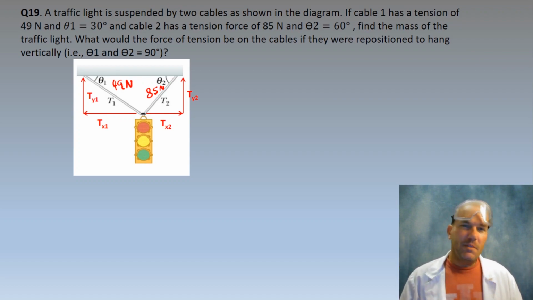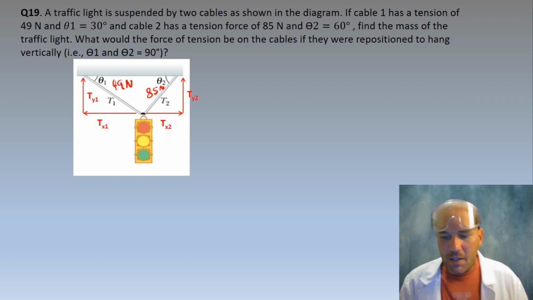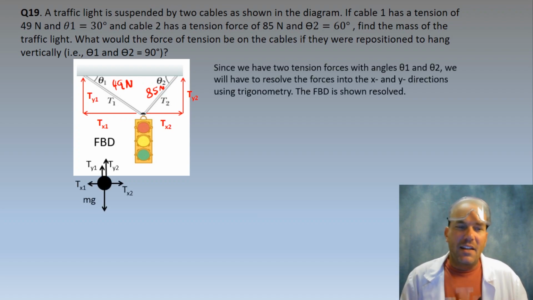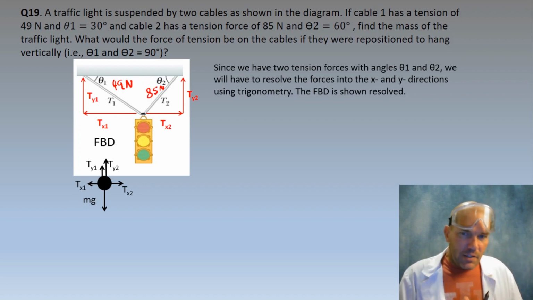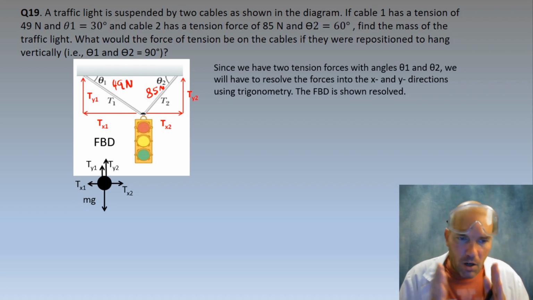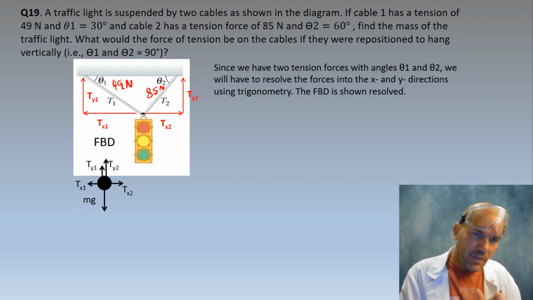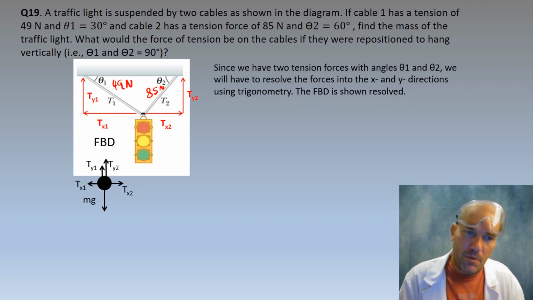Sometimes these problems can be a little daunting, so what do we always do? Free body diagrams. We sum the forces and we get a plan of how we're going to move forward. So here is the free body diagram, and it already has force of tension 1 and 2 resolved into their components.